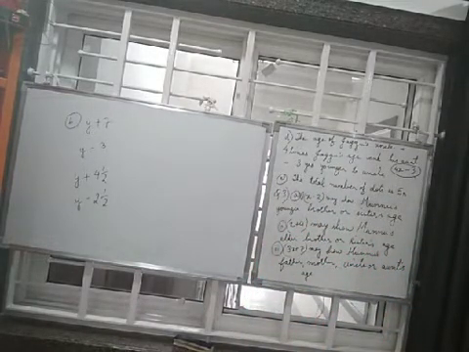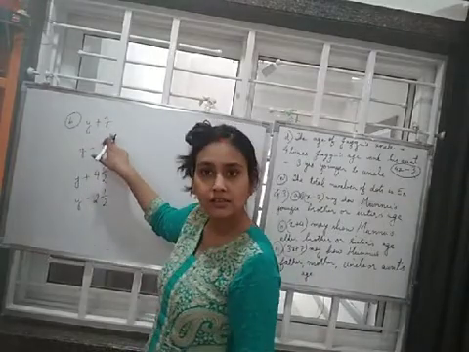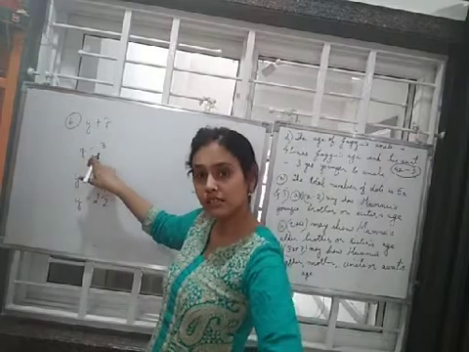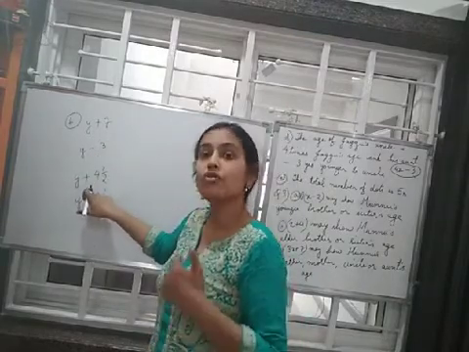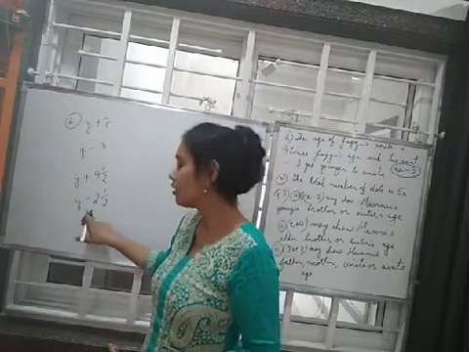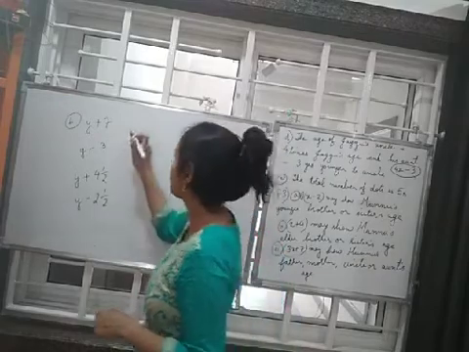So let me keep this book, children, it's heavy. Okay, so Sarah's age after 7 years. Sarah's age 3 years ago. Sarah's age after 4.5 years. Sarah's age 2.5 years ago. Okay, so let's write.